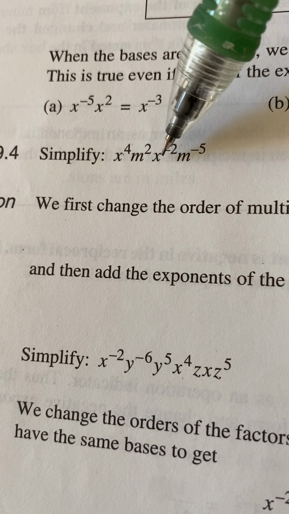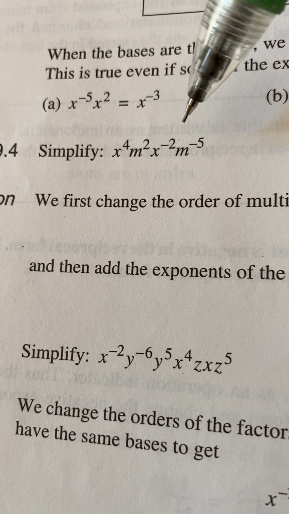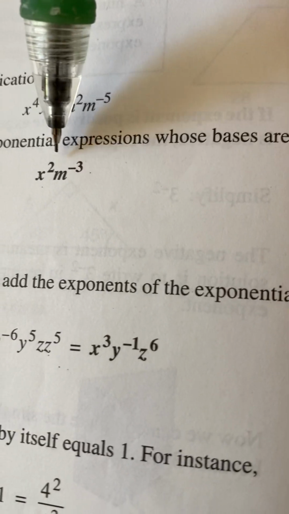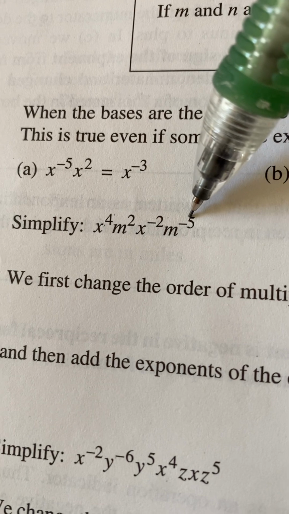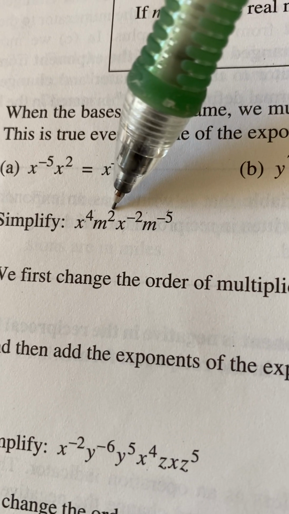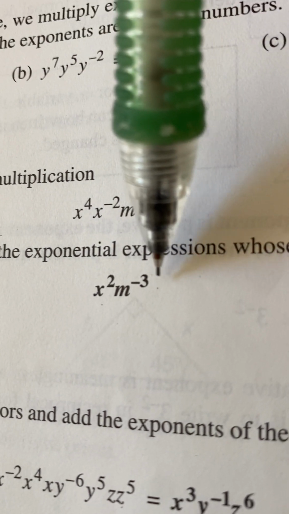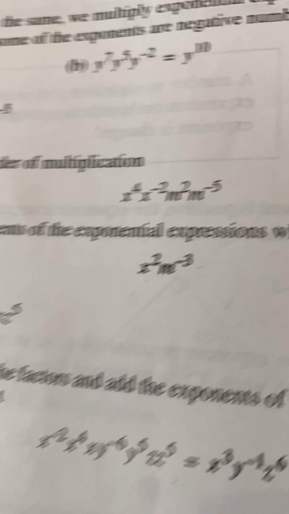Since they both have a base of x, we simply add those exponents. So 4 minus 2 would give us 2. And then we look at the m's. We have a negative 5 and a positive 2. When we add those, we get a negative 3. And for now, we can leave this expression just like that.